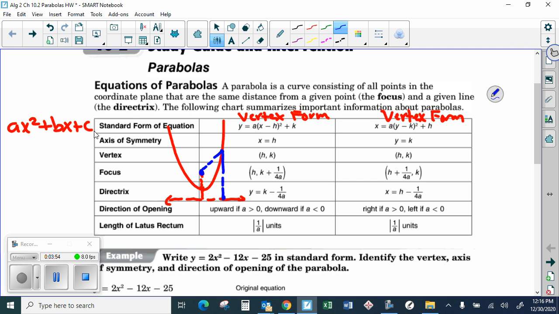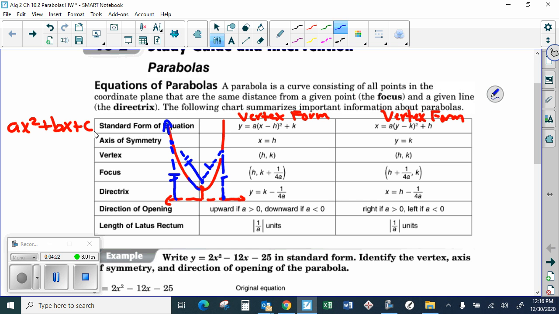It may not look like it because I don't have it drawn correctly. If it was really that long, then this focus would be way down here, closer to the vertex. And so then when you get out there, that distance ends up being the same. So any point on the parabola is equidistant to the directrix and the focus.